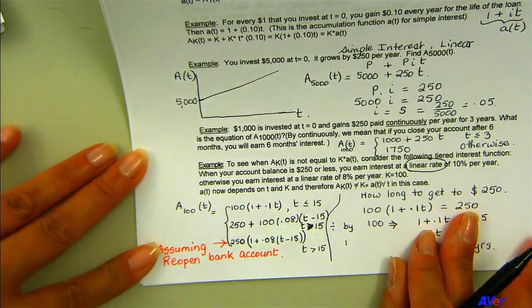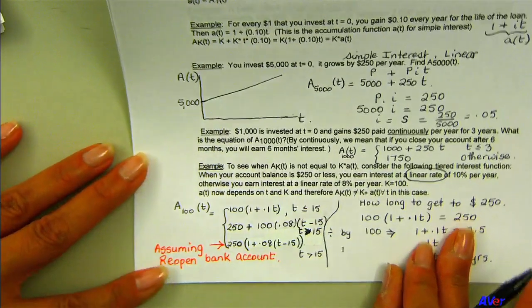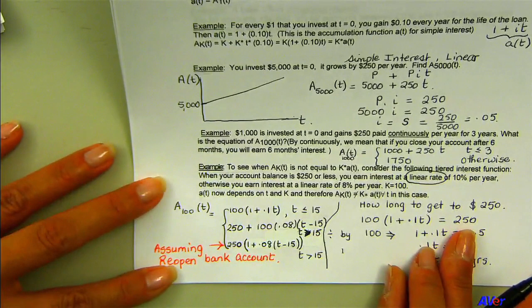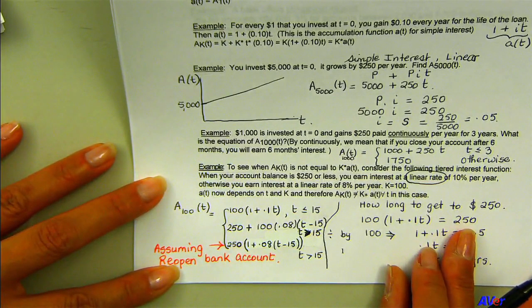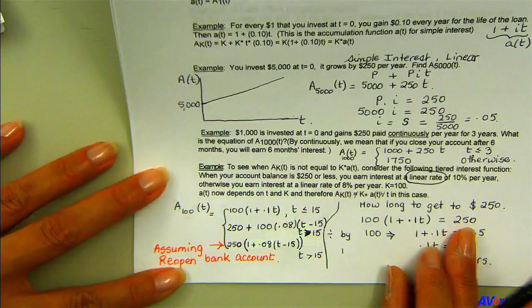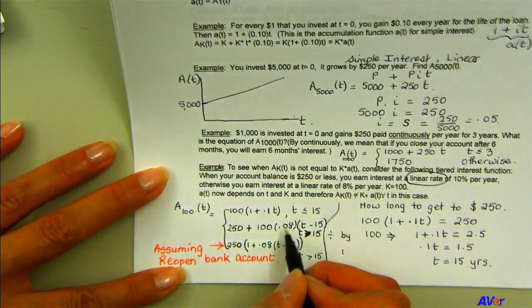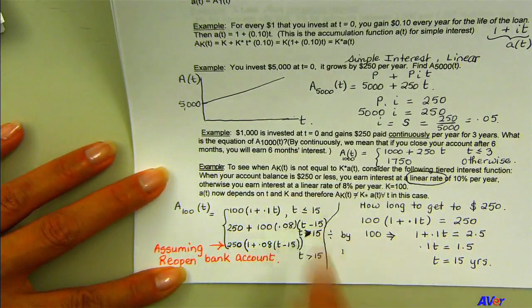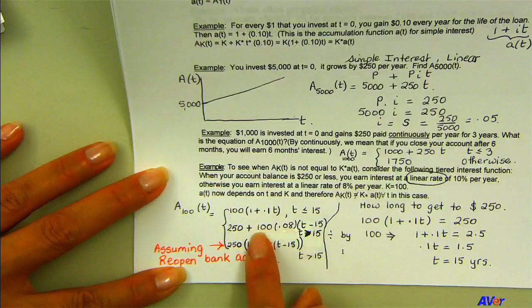You must have some feeling about what I'm saying, right? Yes. Why is it only 0.08 and not 1 plus 0.08? They multiplied by. So I'm saying that every year past 15, it will gain 8% interest on 100.